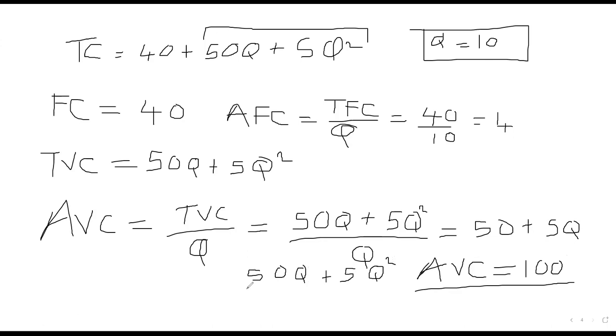Ideally, you're supposed to split the Q like that, so that you avoid that mistake. If you're going to cancel this, it will disappear. So you need to do it individually. This and that, we have our 50 there. This and that, we have our 5Q there. Is that clear? Yes. All right. So this is how we find our 50 plus 5Q, so this is how we find our average variable cost.